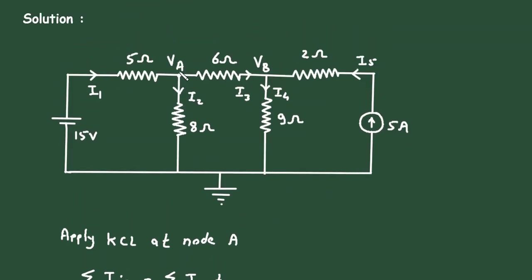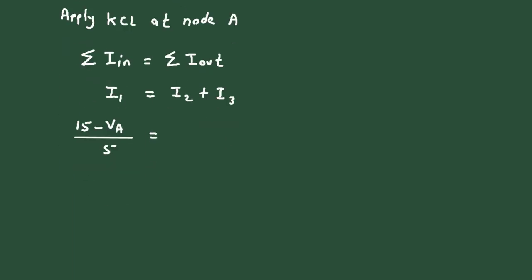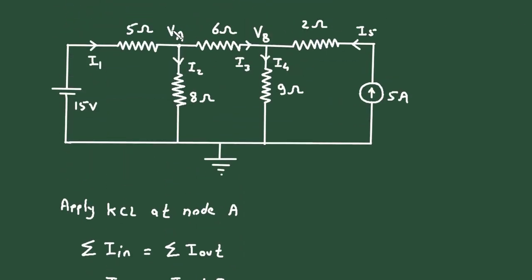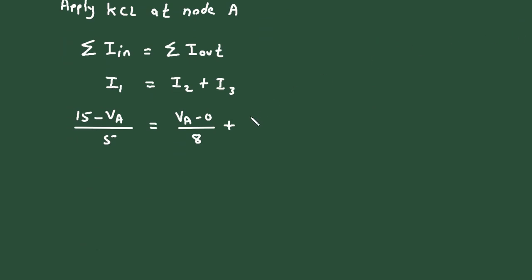Now I2 will be VA minus 0 divided by 8, then plus I3. Now I3 will be VA minus VB divided by 6.